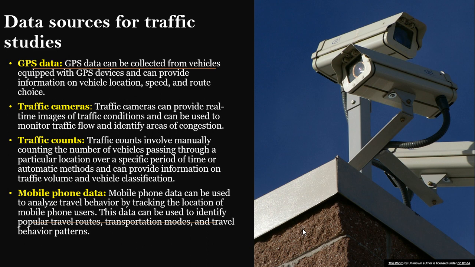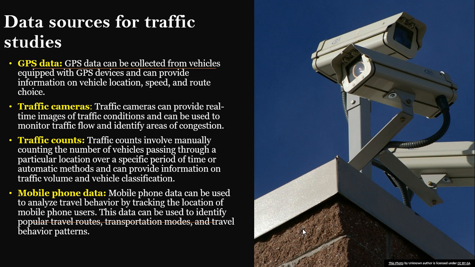GPS data. GPS data can be collected from vehicles equipped with GPS devices and it can provide information on vehicle location, speed, and many more things. Traffic cameras. These are the cameras which are used to provide real-time images of traffic conditions.